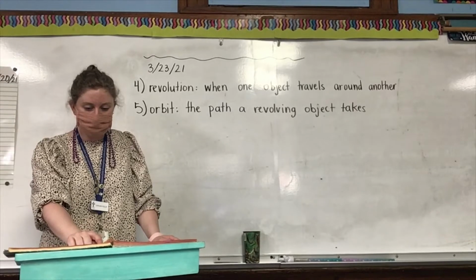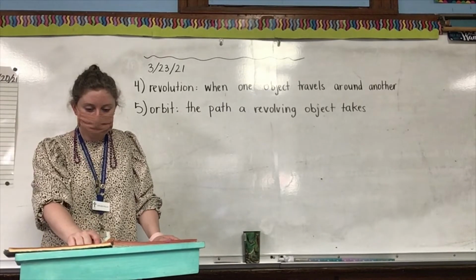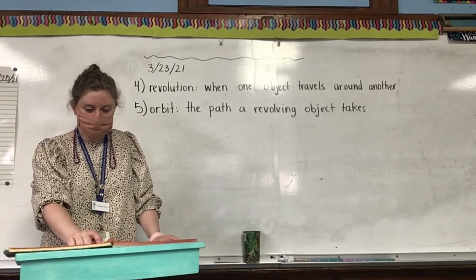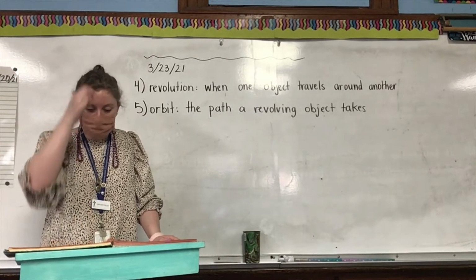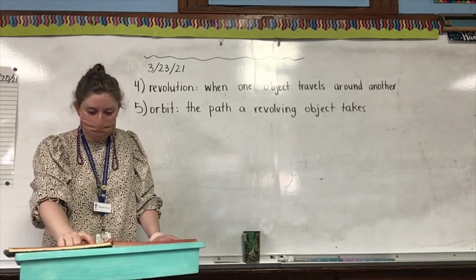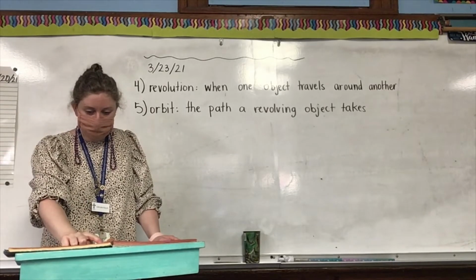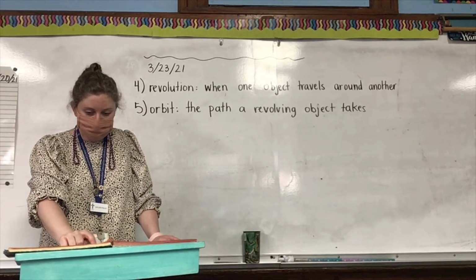Four seasons. How does Earth's tilt cause summer, fall, winter, and spring? In June, the North Pole tilts towards the sun.